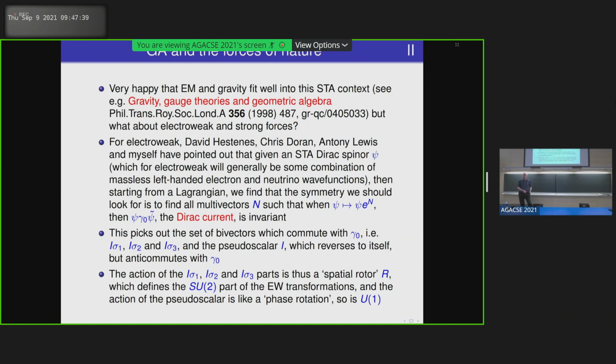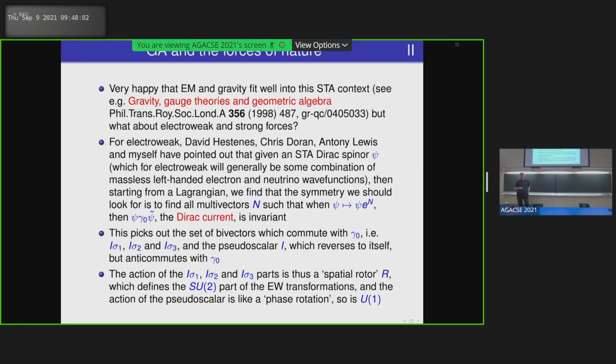It also happens to pick out the pseudoscalar. If you have e to the beta I, then although it doesn't change when it reverses, as the I goes through the gamma naught, it flips and you get something which is a symmetry. And so you end up with the I sigma 1, I sigma 2, I sigma 3, and the pseudoscalar I as the possibilities.